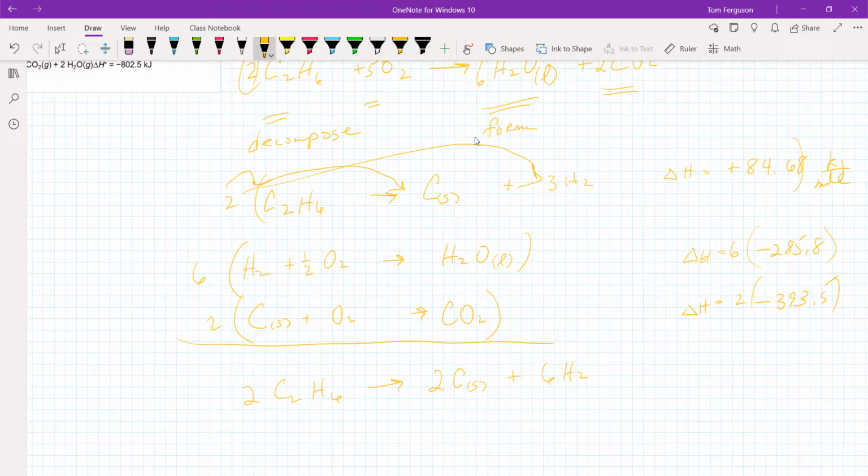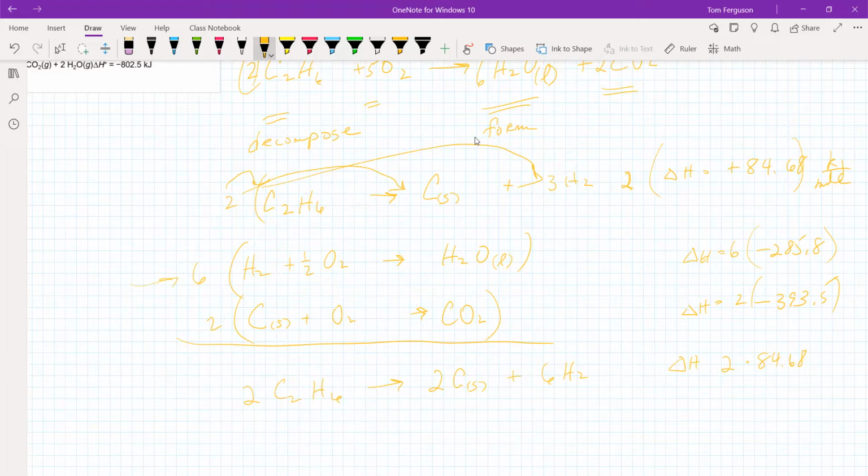And that means this is going to be multiplied by 2 also. Okay. So it's going to be 2 times 84.68.